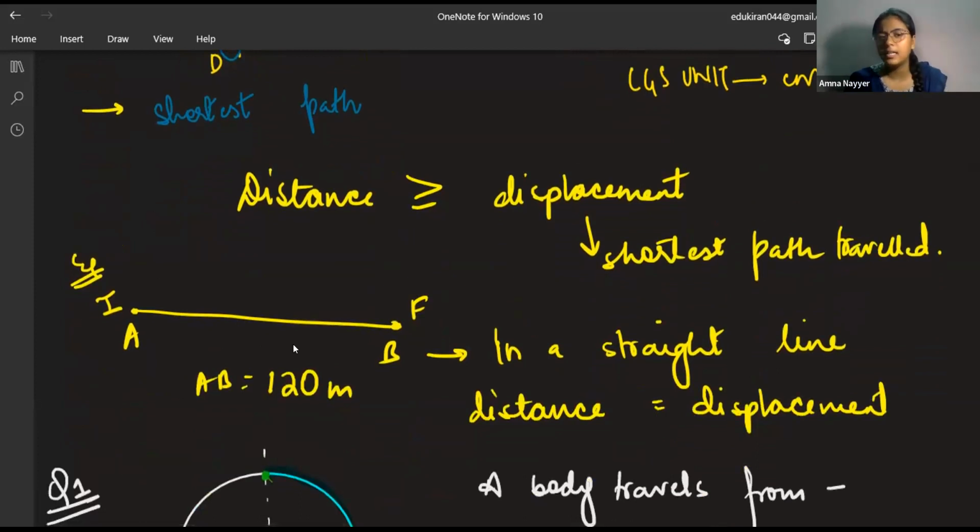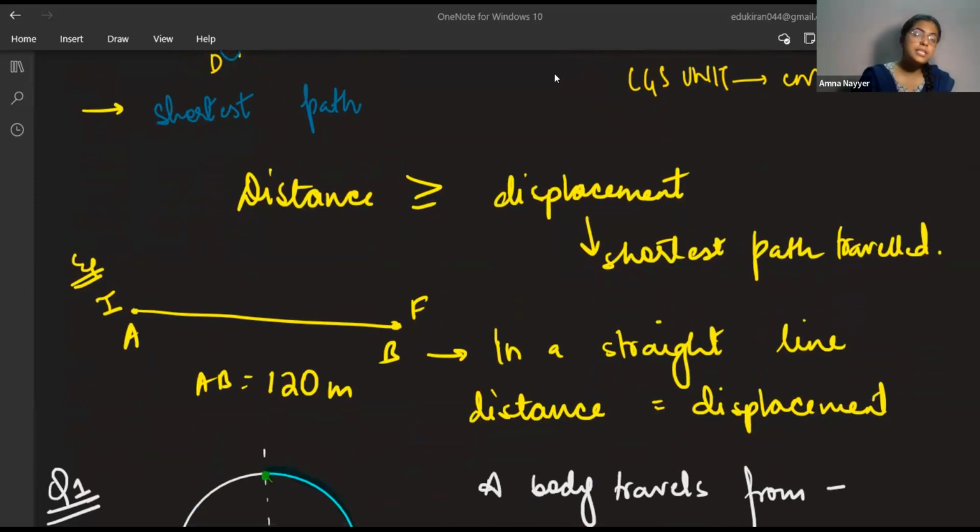This is a straight line. If my initial point is A and my final point is B, what is the distance covered? 120 meters. What is the shortest distance covered? That is also 120 meters. So distance and displacement can be equal, but distance cannot be less than displacement.